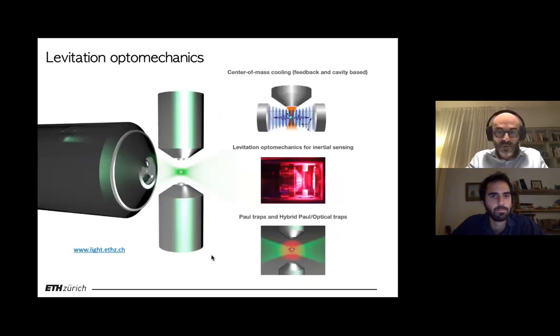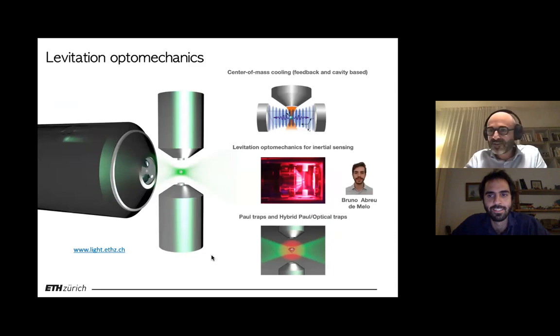And of course, today I'm not talking about the topic Thiago was mentioning, which he is also interested in: levitation optomechanics. That would be for another time. A significant portion of the group is actually working on it, and as Thiago was mentioning, there's a PUC-Rio alumnus, Bruno, and we're very happy to have him in the group.